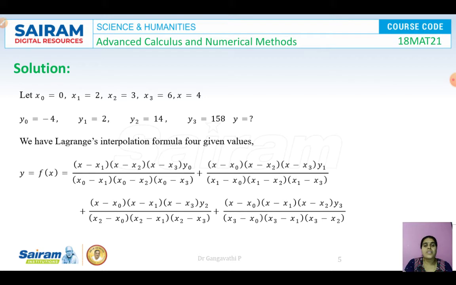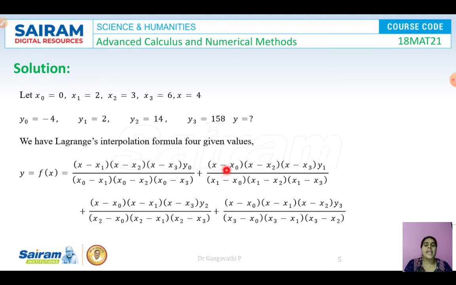Since we want to find y, we have to use Lagrange's interpolation formula, which is given by y is equal to f of x. You can observe you have x0, x1, x2, x3 and y0, y1, y2 and y3, so 4 terms will be there. The first term: x minus x1, x minus x2, x minus x3 by x0 minus x1, x0 minus x2, x0 minus x3, multiplied by y0, plus.